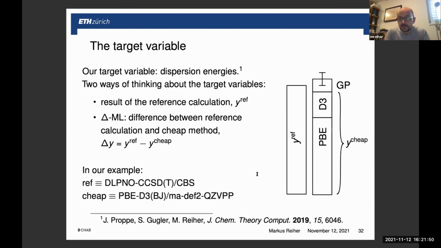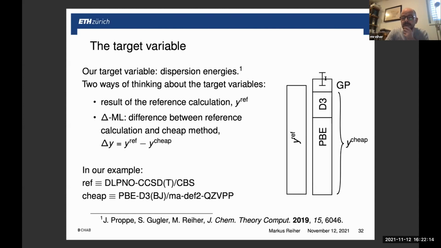And then, of course, you can either go for a prediction of the total dispersion energy, or you do delta machine learning. So the first option is shown here on the left, or you do delta machine learning on the right, where you have a DFT model on top of the D3 correction. And then on top of that D3 model, the total D3 model, you do the delta machine learning through the Gaussian process. Both works fine.